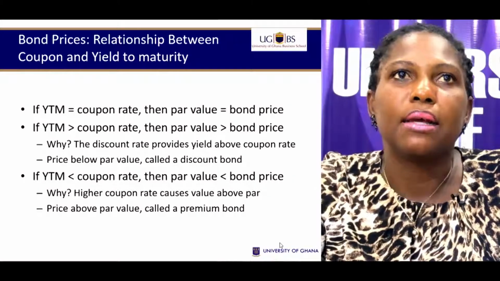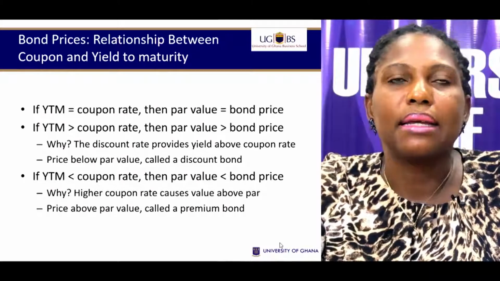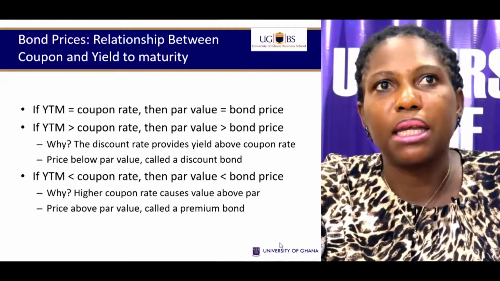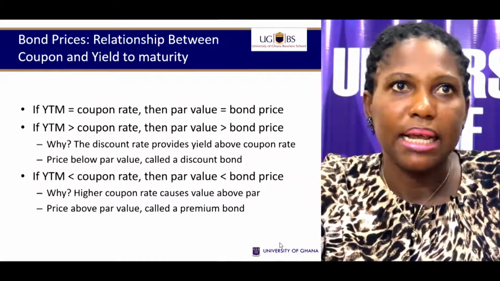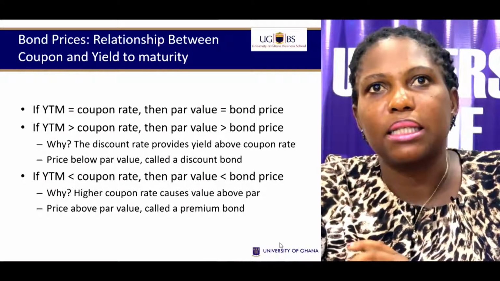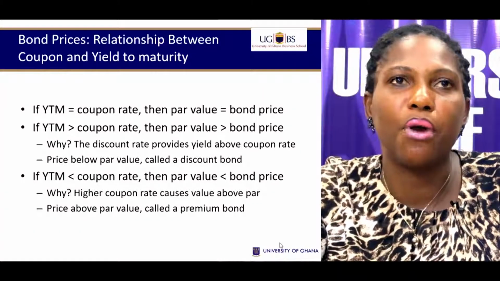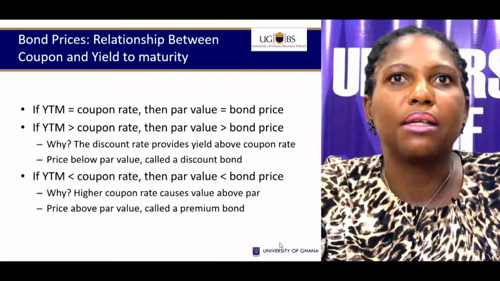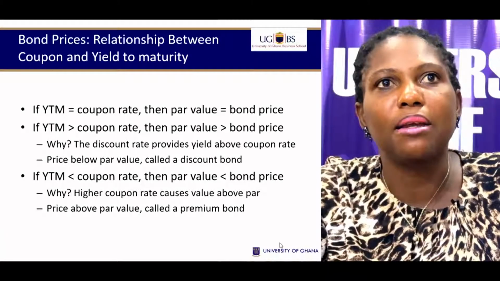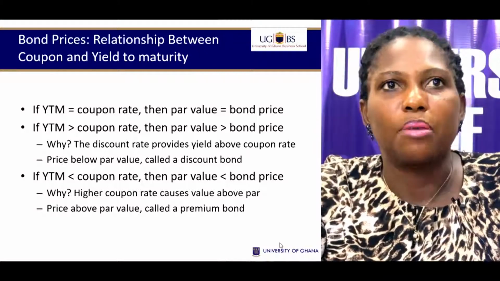Now, these are some basic relationships between the bond coupons and the yield to maturity. Where yield to maturity is equal to the coupon rate, then typically the par value of the bond becomes equal to the bond price, because no excess returns are made; the yield to maturity and the coupon rate are at par.